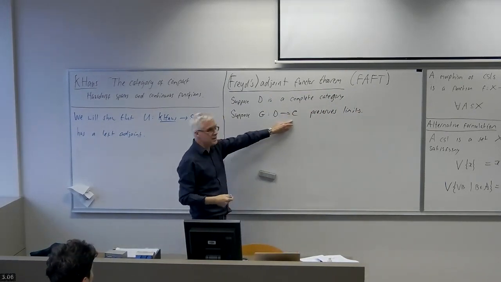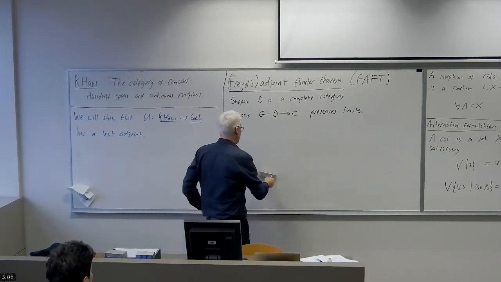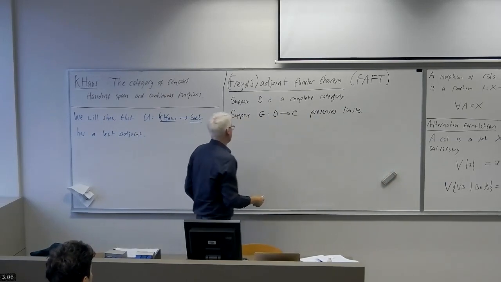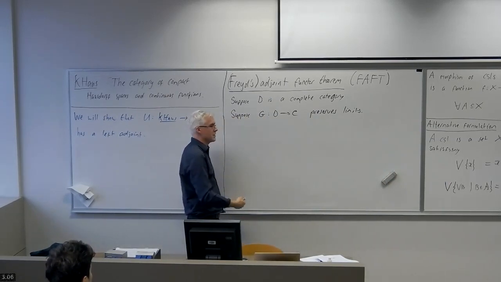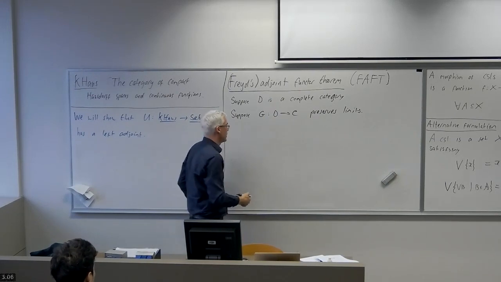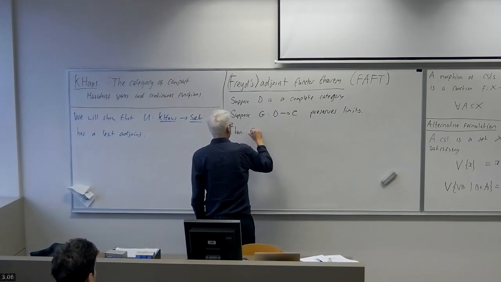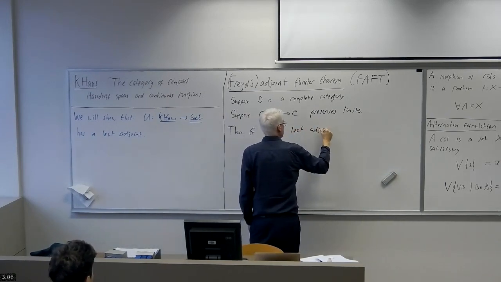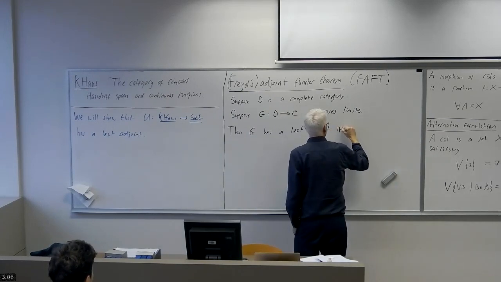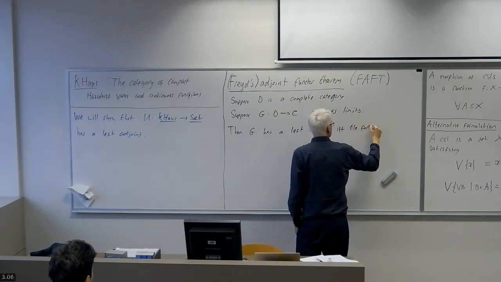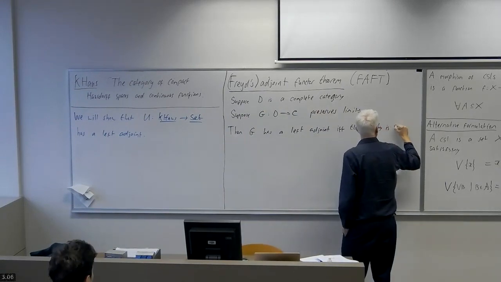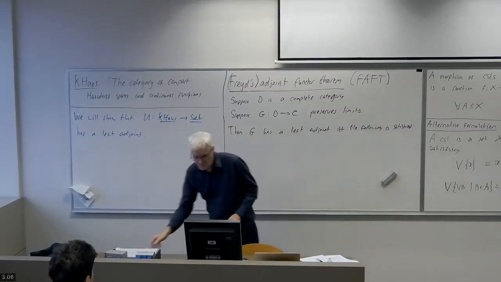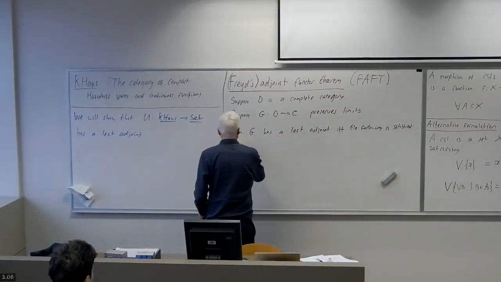Now we know that's a necessary condition for G to have a left adjoint, since right adjoints always preserve limits. So what in addition do we need for G to have a left adjoint? Then G has a left adjoint if and only if the following is satisfied. And this is called the solution set condition.